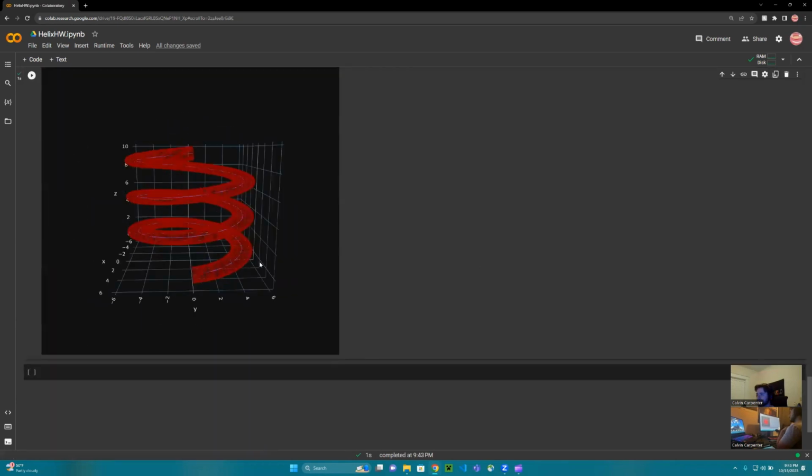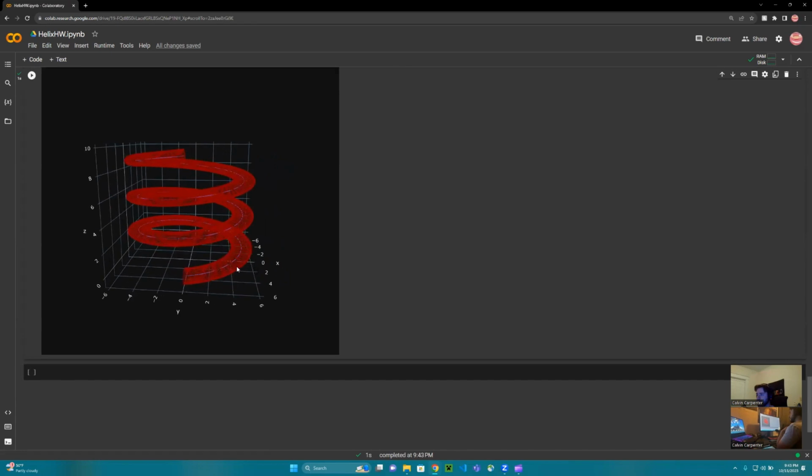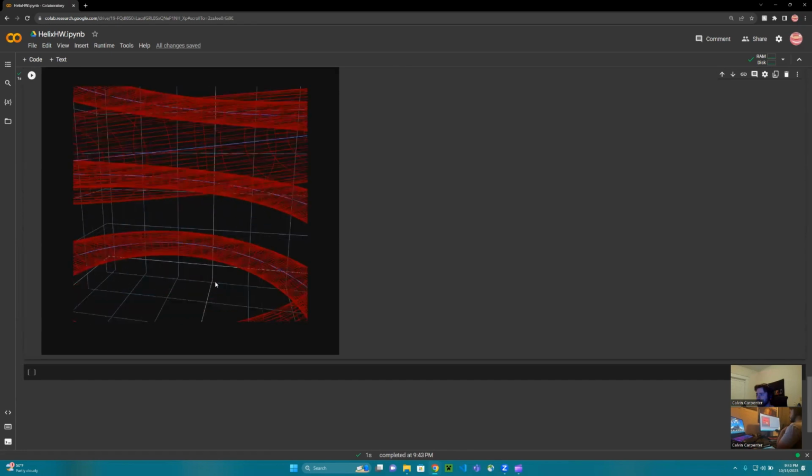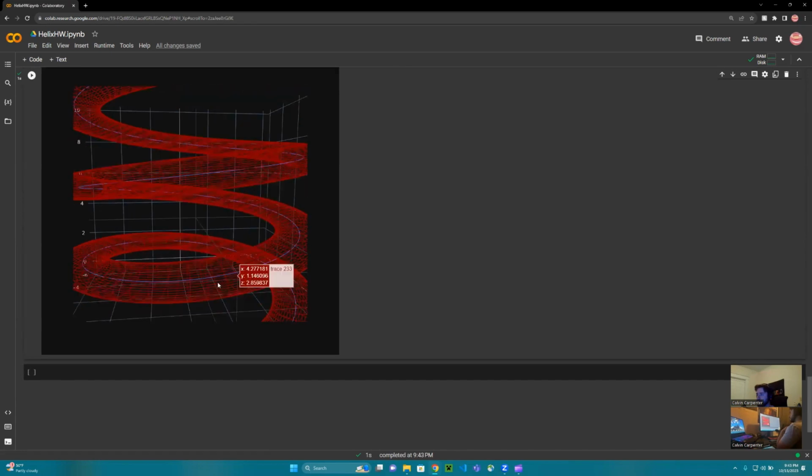Cool. So this is our helix. You can see the blue line in the middle. That was our original helix.